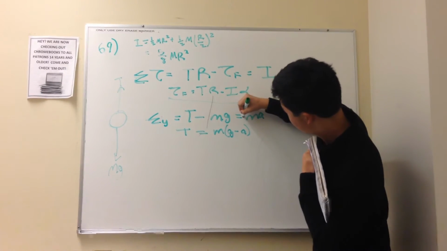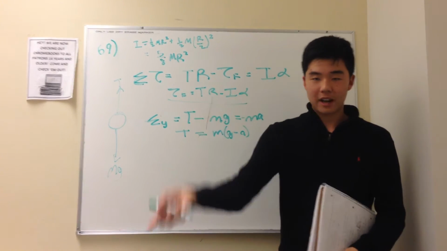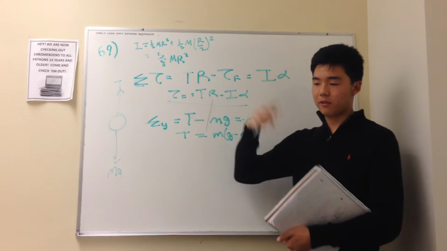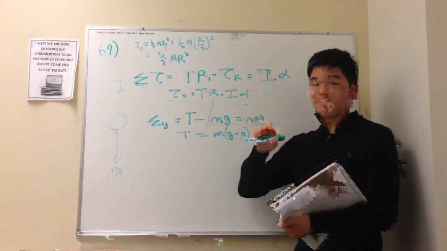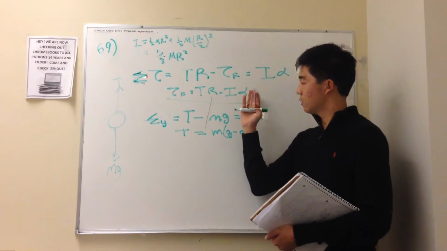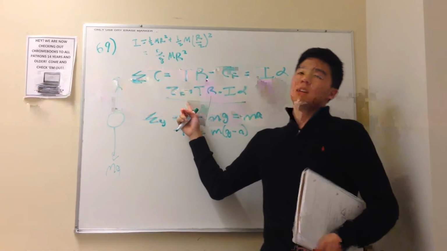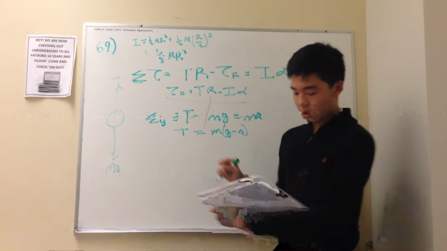Now we're going to have to use a kinematic equation to find the acceleration, and then later we can turn it into angular acceleration, plug it in here, and find the frictional torque.